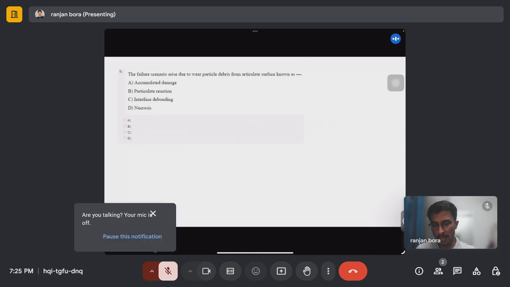Next question is: the failure scenario arising due to wear particle debris from articulating surface is known as.